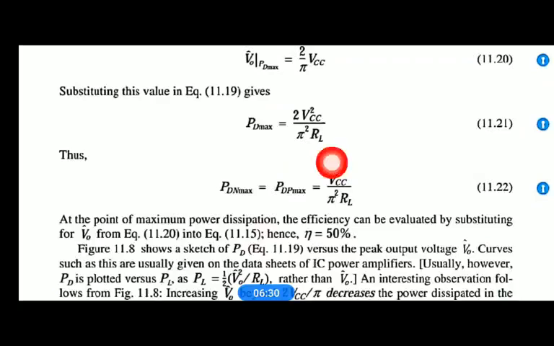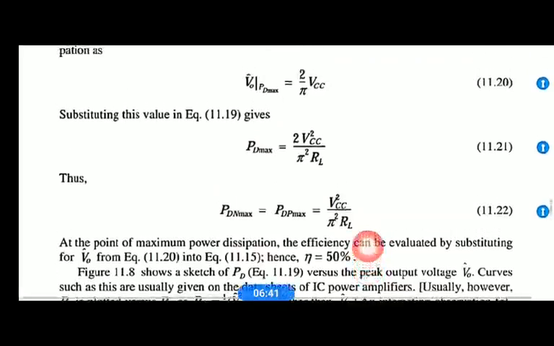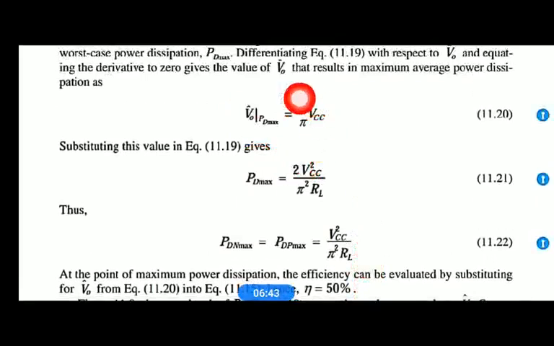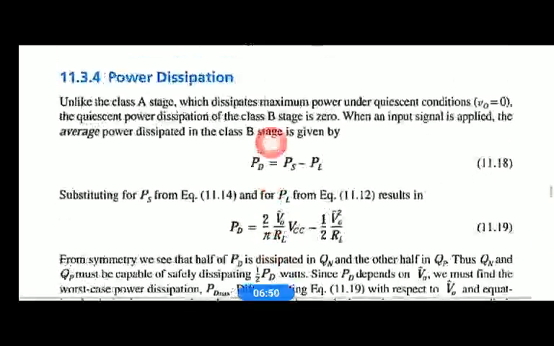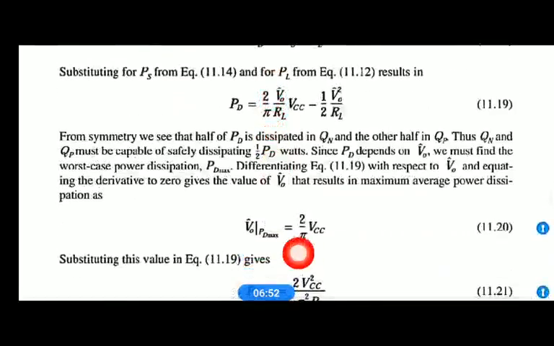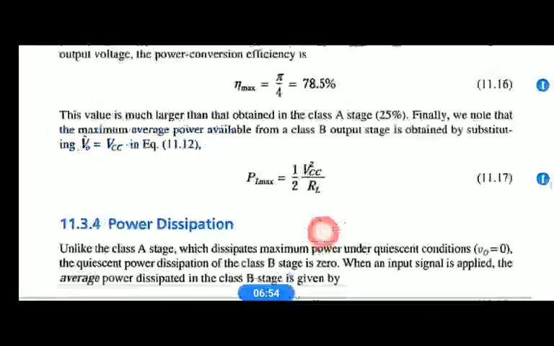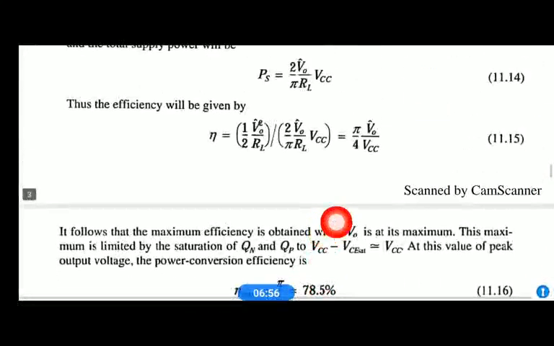So when there is maximum power dissipation, our efficiency is 50%. If you take this output voltage V0 at maximum power dissipation and equate it in the efficiency equation, you replace V0 here with 2 by pi into VCC.